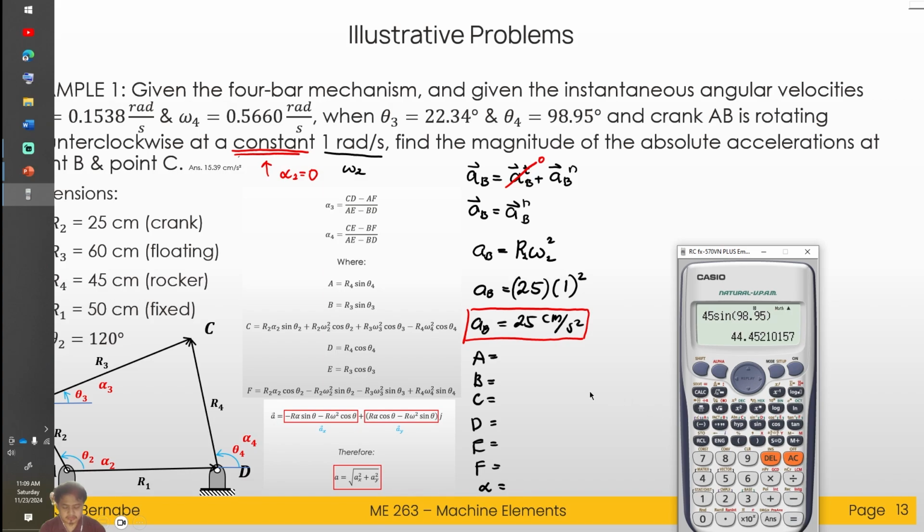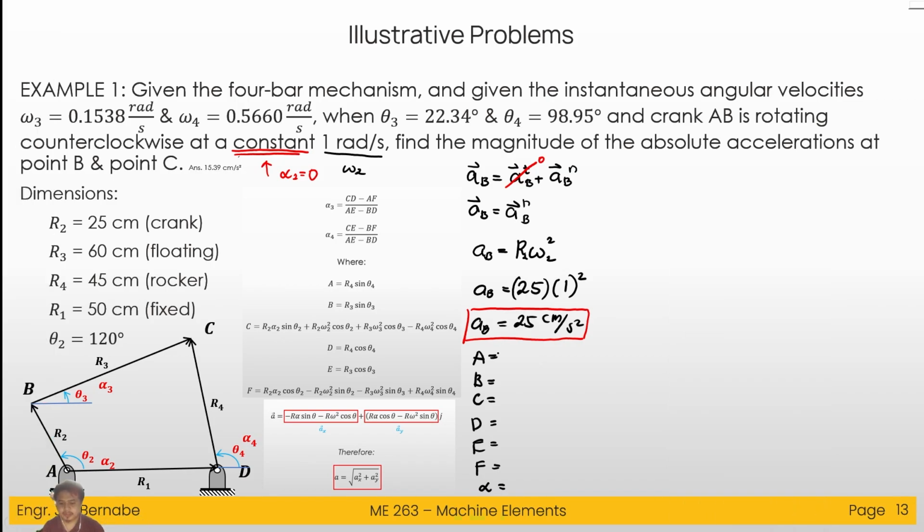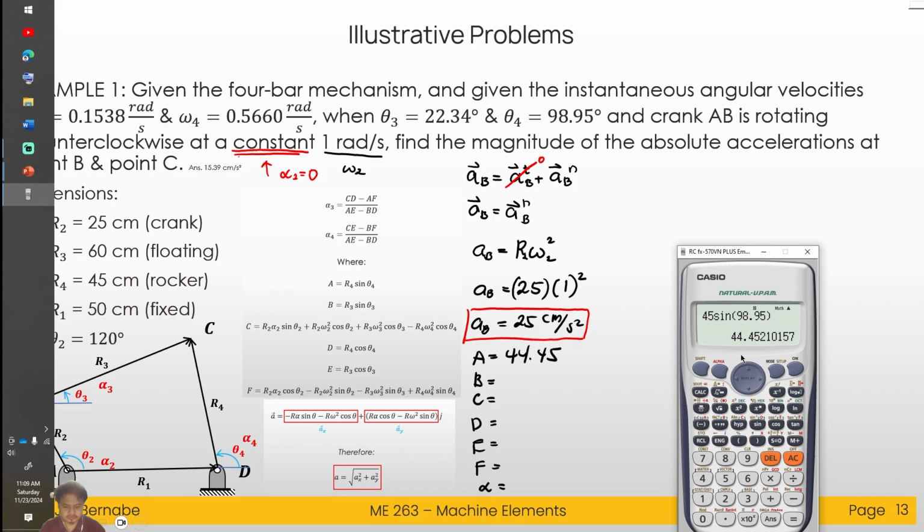So you have here the first parameter for solving the angular acceleration at link 4, you have 44.45. You can use multiple decimal places or significant figures if you want it to be more accurate, but I'll just use 4 significant figures for now.